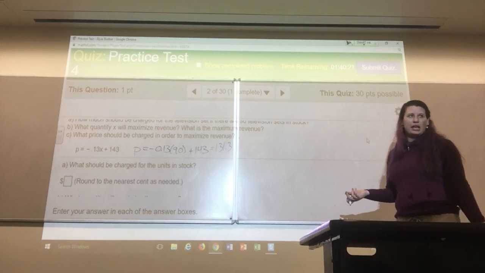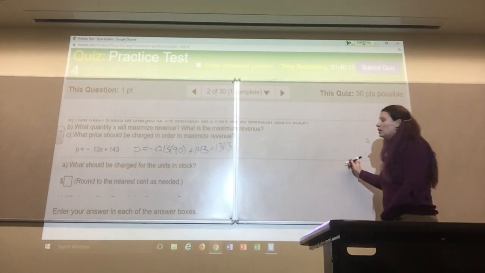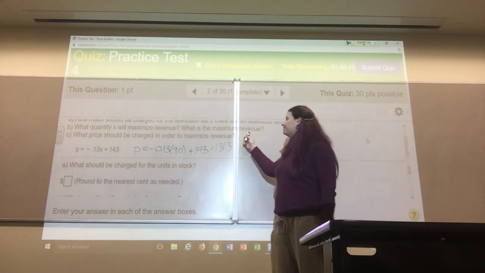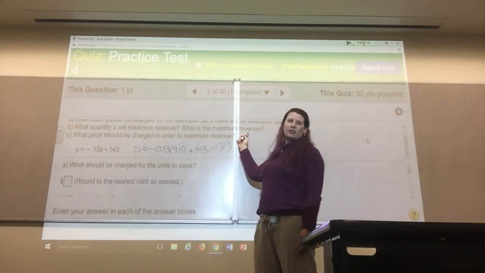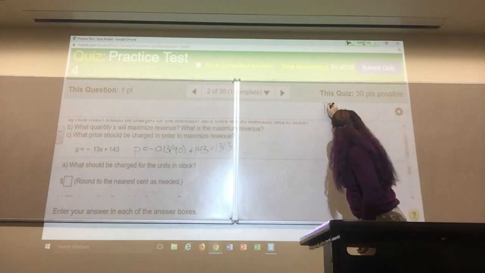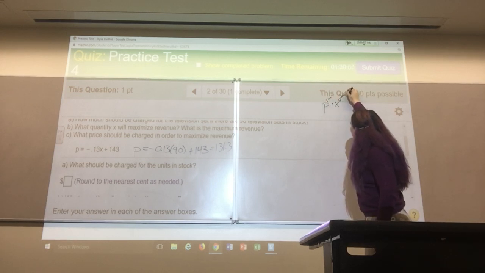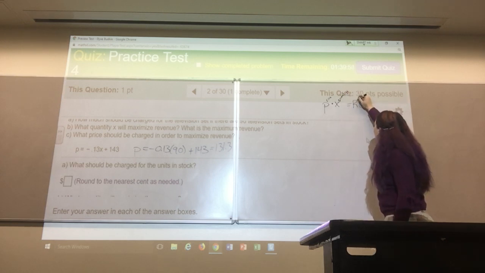Then we want to know what quantity of X will maximize the revenue. So how do we find the value that maximizes? The vertex. But we have to find the revenue equation first, right? So remember that price times X, quantity, is R of X, or revenue.